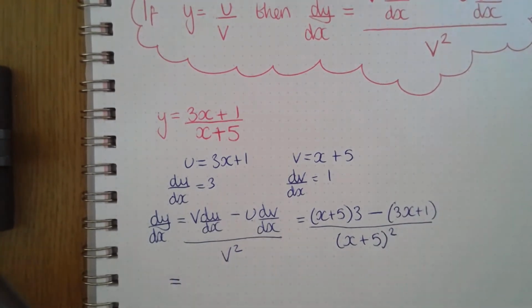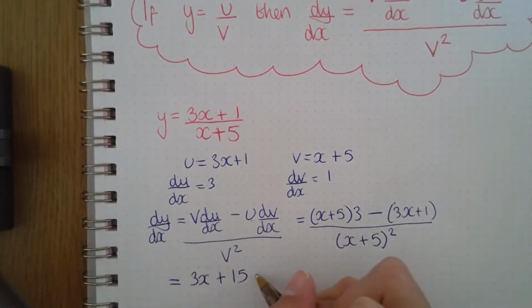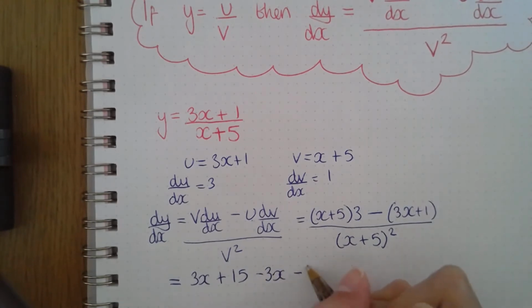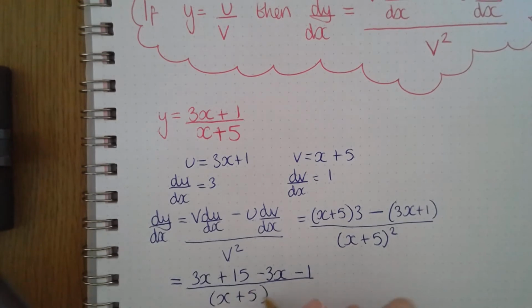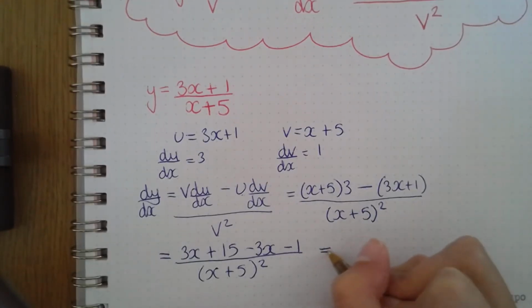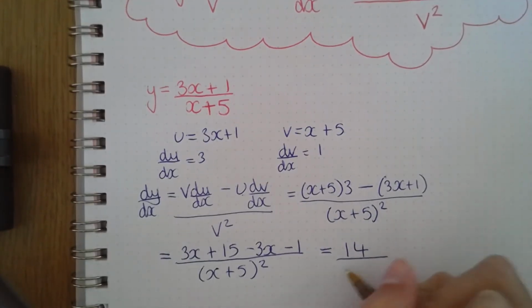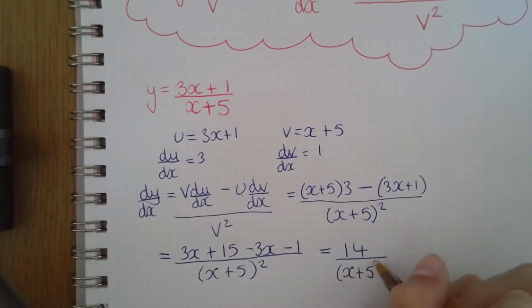When I expand this I get 3x plus 15, take away 3x, take away 1, all over (x plus 5) all squared, which is equal to 14 over (x plus 5) all squared.